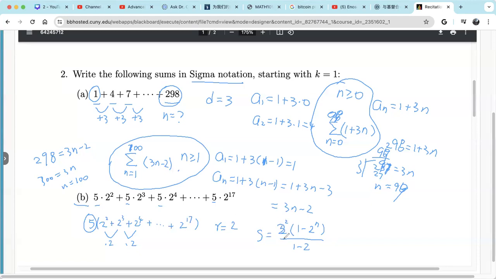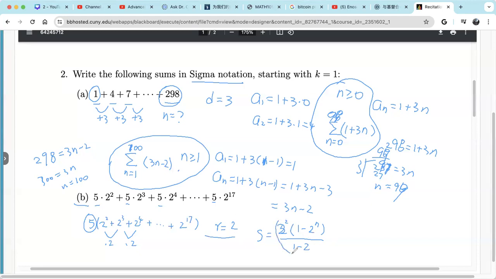Remember the first term, a1, times 1 minus r raised to n, whatever the ratio is, divided by 1 minus r. But in our case, the common ratio is 2. So I have 2 squared, which is 4, times 1 minus 2 to the n, divided by 1 minus 2.